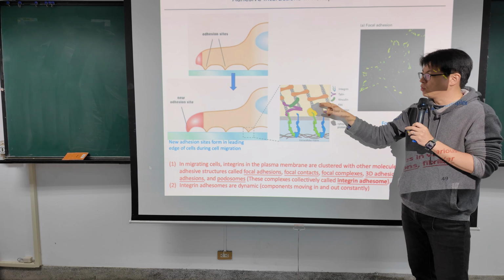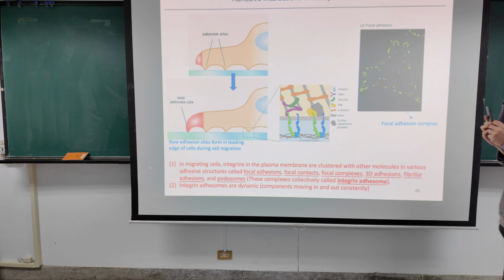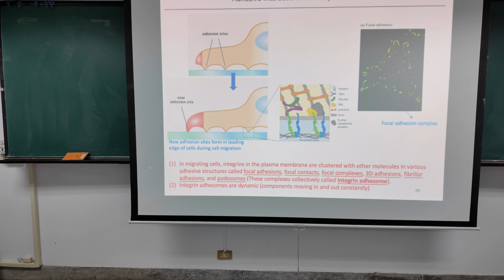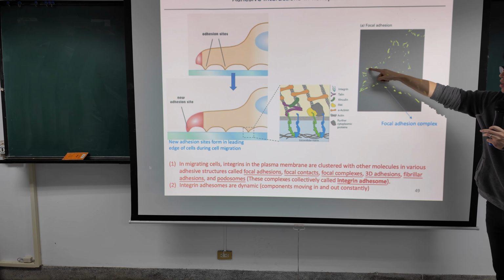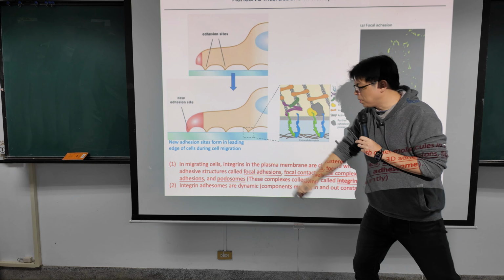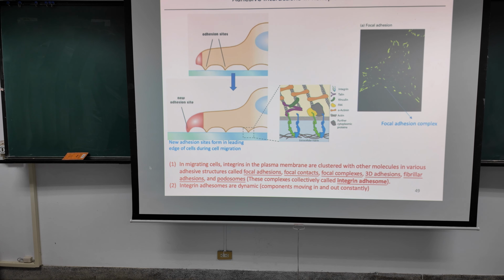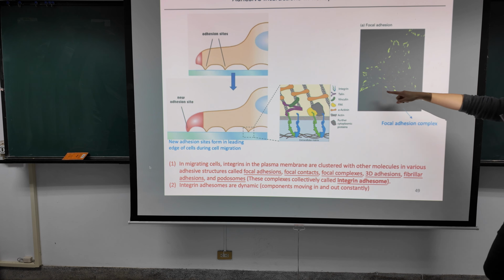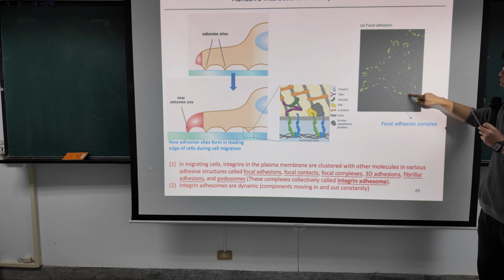And those integrins recruit some adapter proteins and some active factors inside here. For example, this is FAK, one of the adapter proteins. So if you label FAK in this kind of cell, you will see what we call a focal adhesion complex. They have a lot of different names. Focal adhesion, I usually call it focal adhesion complex. Okay? So this is the focal adhesion complex the cell stands on at the bottom of the culture dish.